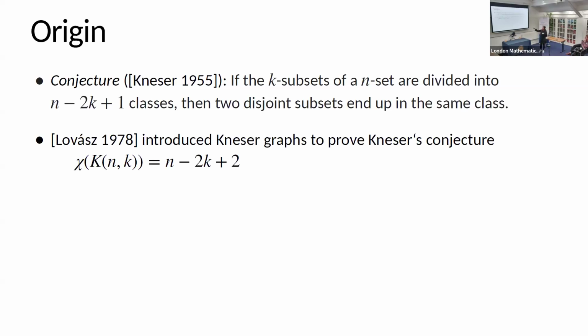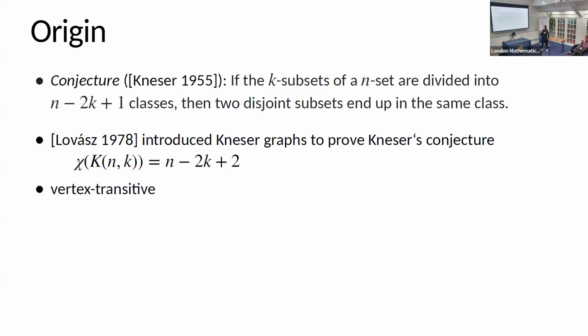And he proved that the chromatic number of such a graph is n minus 2k plus 2. So you need one extra class if you want to properly color it. This was a very celebrated result in combinatorics because he used some nice results from topology to prove this theorem. And that actually started the field of topological combinatorics on its own.